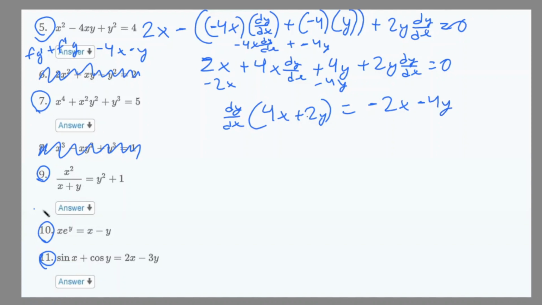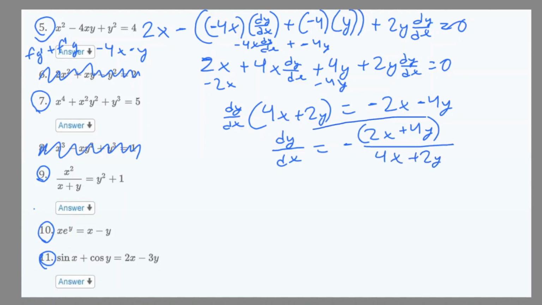And then if we divide by 4x plus 2y on both sides, we're going to have dy dx is equal to negative 2x plus 4y, because I distributed out the negative 1, over 4x plus 2y, and that would be your final answer.